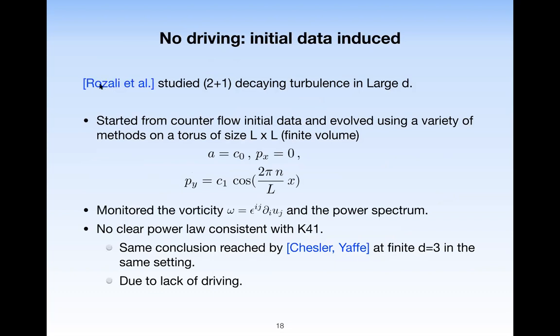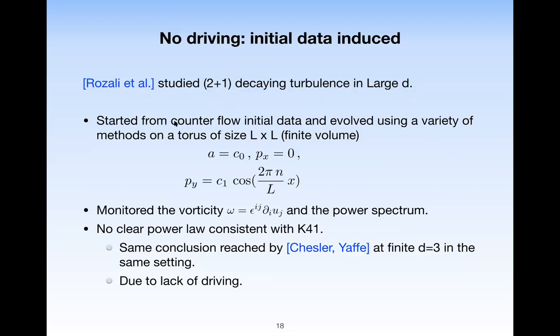What they did 3 years ago, I believe, was to study decaying turbulence in precisely the same limit as we do in large D. They studied both 2+1 and 3+1, but here I'll be mostly interested in 2+1, so let me focus on that. They solved precisely the equations that I showed earlier, and they used just unstable initial conditions to induce the turbulence.